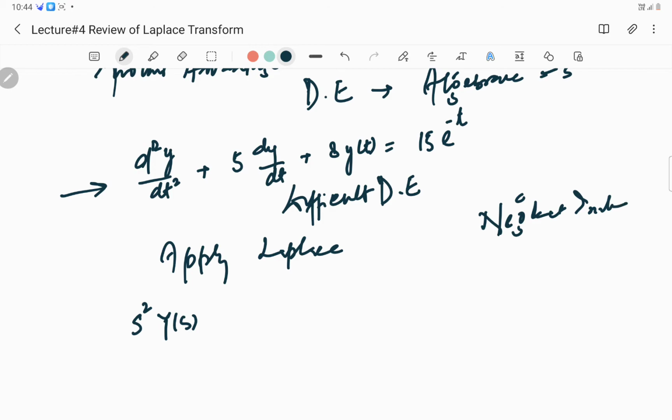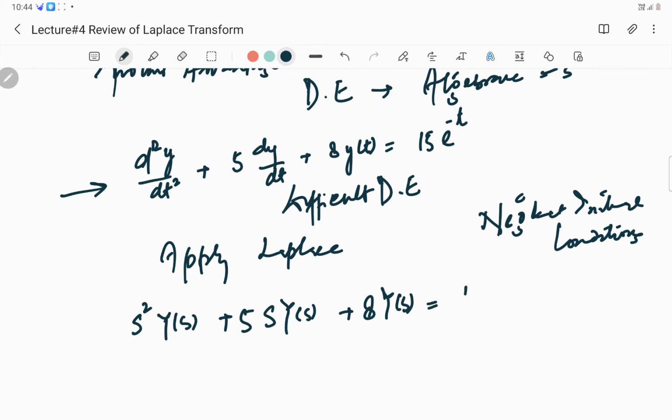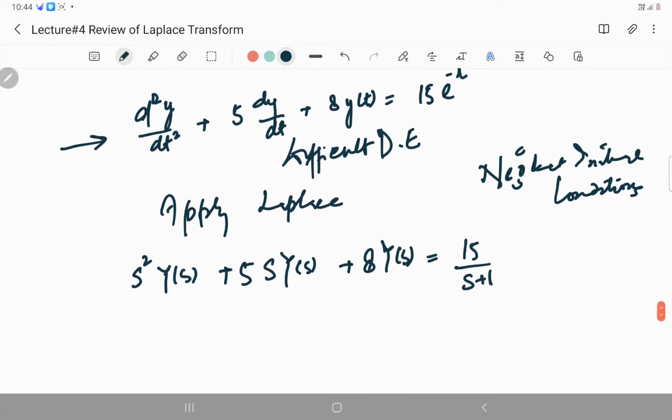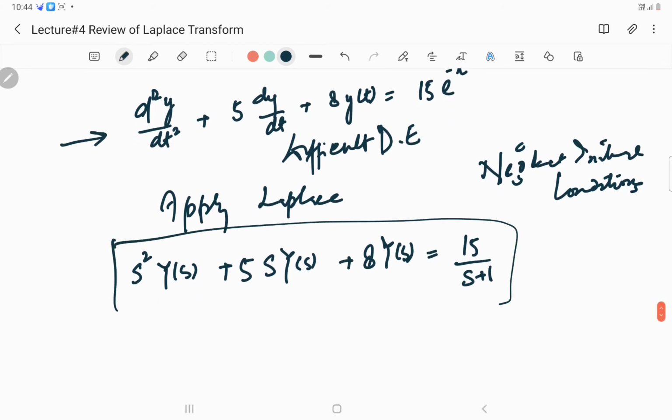So on applying Laplace, we'll get s square Y(s) plus 5 times s Y(s) plus 8 times Y(s), and the Laplace of 15 e to the power minus t would be 15 over s plus 1. So it becomes basically an algebraic equation, and solving it would be much easier.